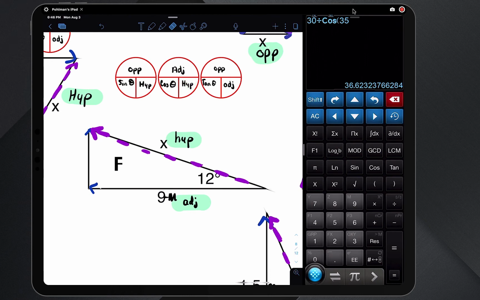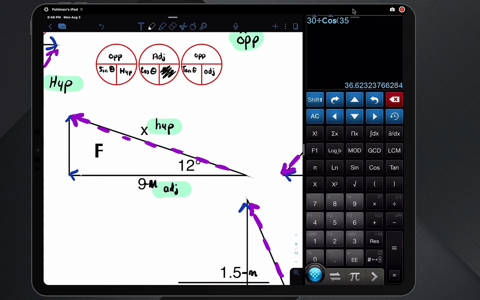I'm trying to identify the hypotenuse, so I cover it up, and it tells me that I'm going to need to divide the adjacent side, 9, by the cosine of 12 degrees. In the calculator, 9 divided by cosine 12 gets you a value of 9.2, we'll call it meters, and then this is going to be 12 degrees north of west.